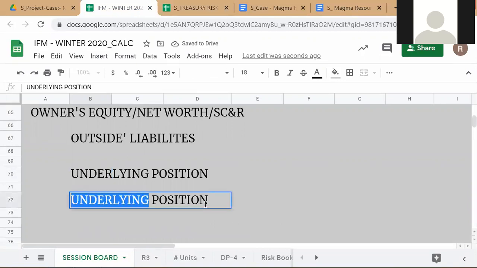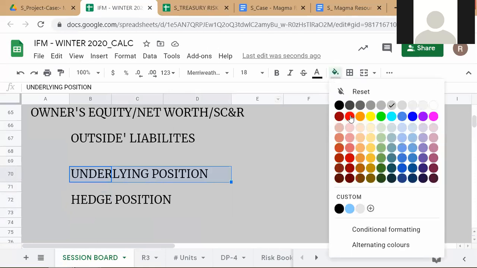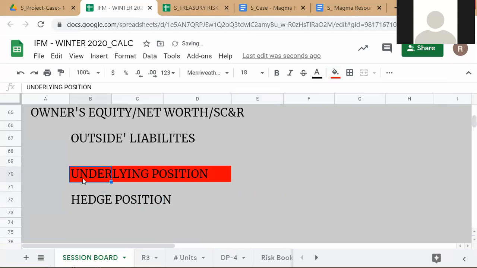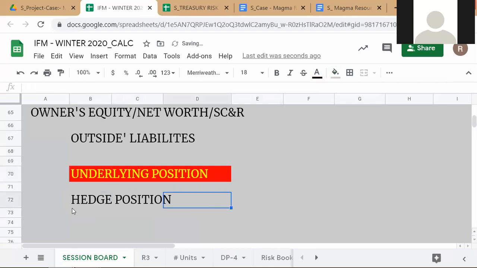Okay, so the idea is, if this is, let's say, in red, and this we can put in green.